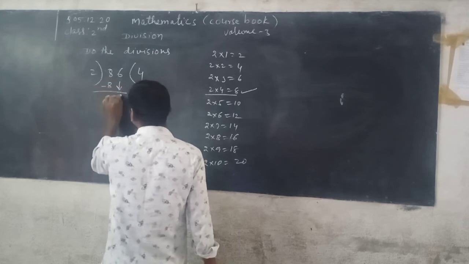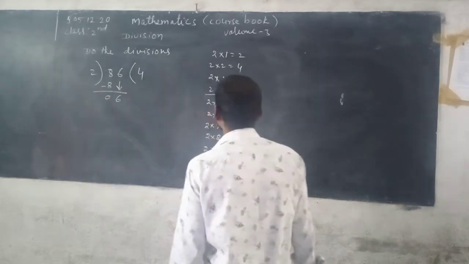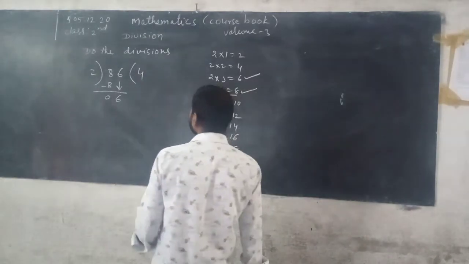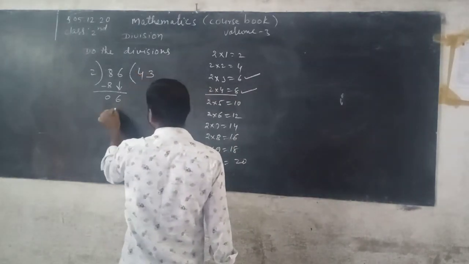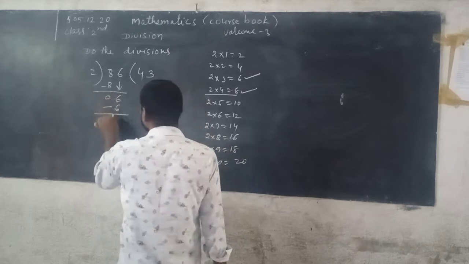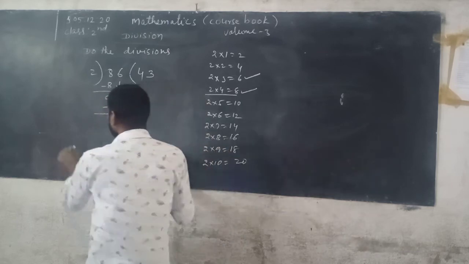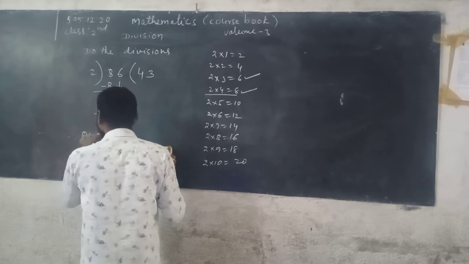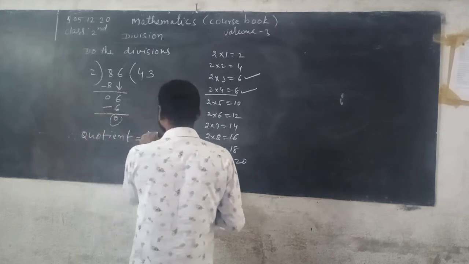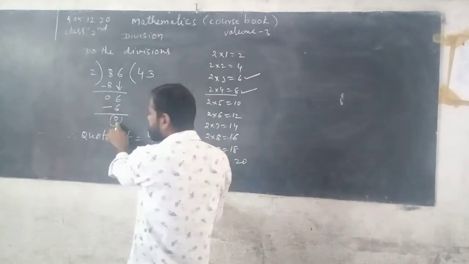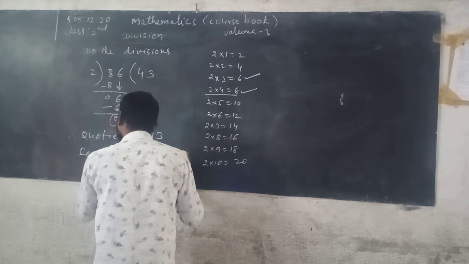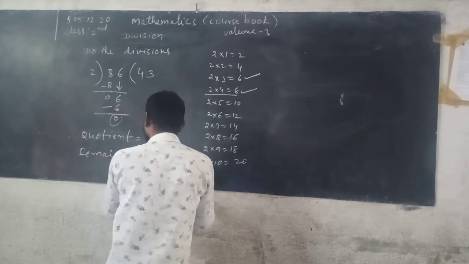Now bring down 6 to the remainder. So 2 3s are 6. Exactly divisible. So 2 3s are 6, write 3 in the quotient. So 6 write down below 6. So 6 minus 6, you can get 0. Then quotient is equal to 43. This is called the remainder. Remainder is equal to 0.